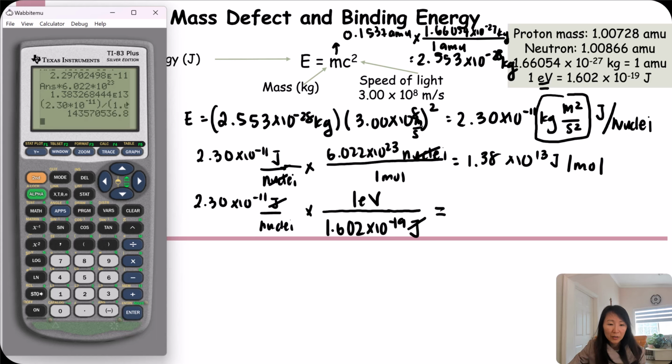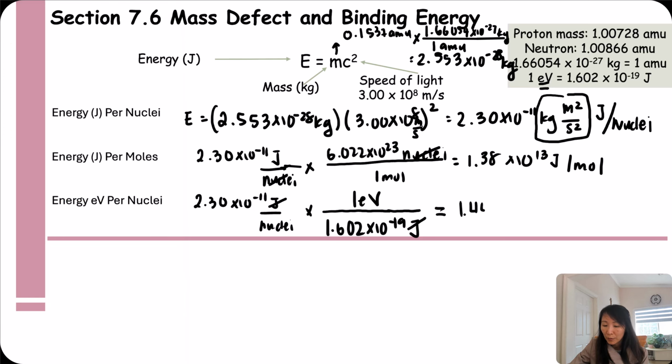Okay, hit enter. So we get 1.44, and if you count the decimal through, 1.44 times 10 to the 8th. I have that already written on the side. That will be 1.44 times 10 to the 8th electron volts over nuclei.